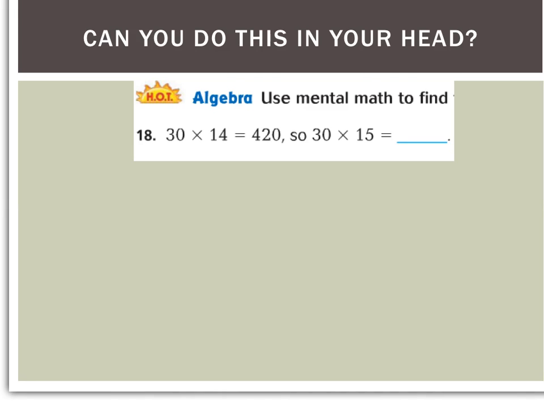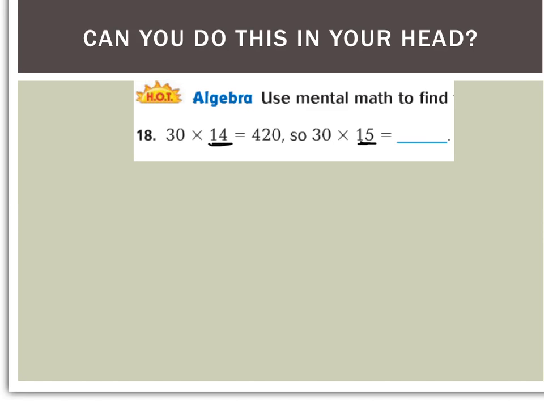Now let's look at this problem. We've learned lots of strategies for multiplying. If 30 times 14 is 420, can you solve 30 times 15 in your head? Think about it a minute. Try to use comparative reasoning to help. From 14 to 15, it's only one more group, and I have groups of 30.